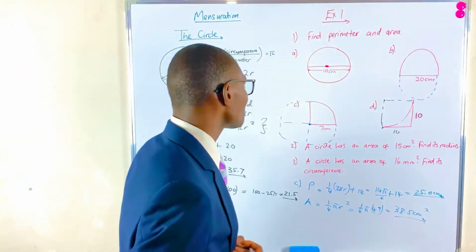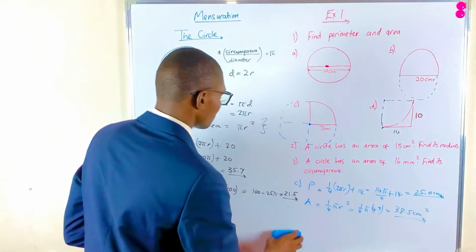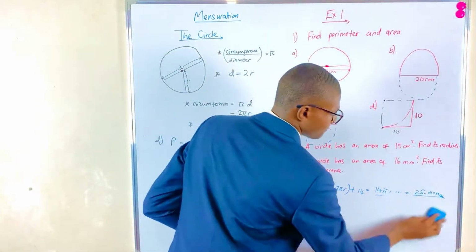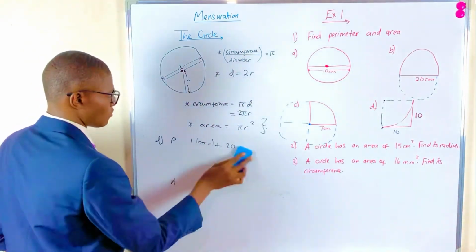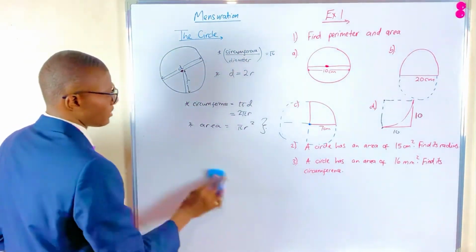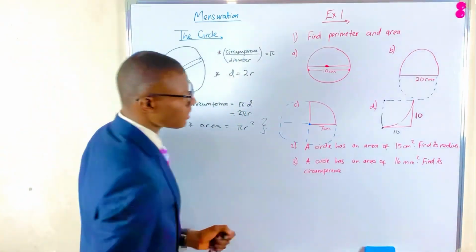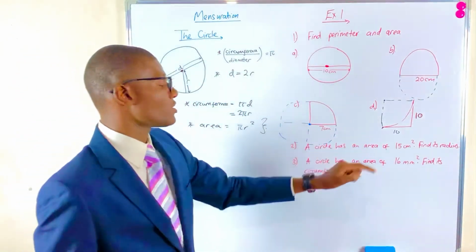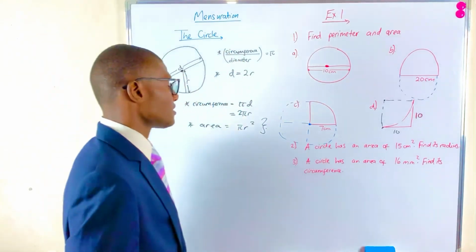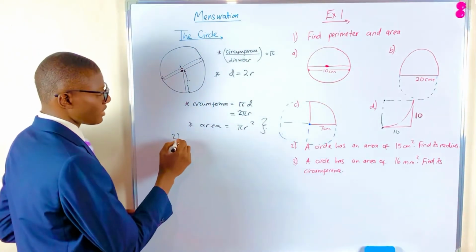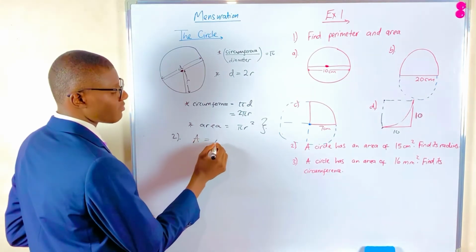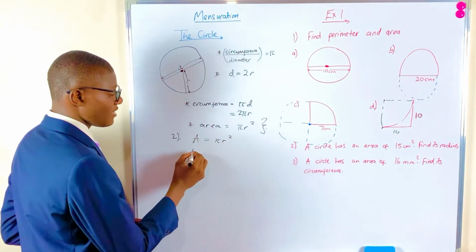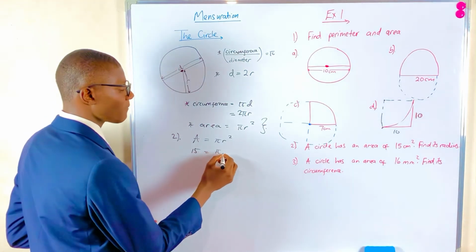Right, now let's move on to number 2. So allow me to erase this part. This one in blue, and this one in black as well. Okay, right. So number 2, a circle has an area of 15 square centimeters. Find its radius. So of course, we know that if A is given by pi r squared, we're saying 15 is equal to pi r squared.